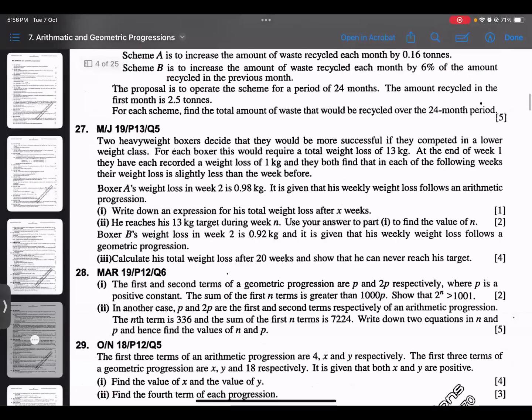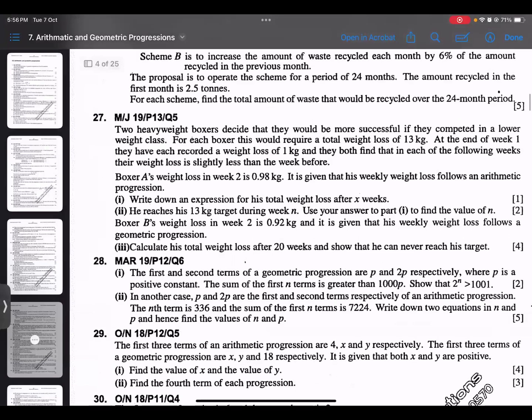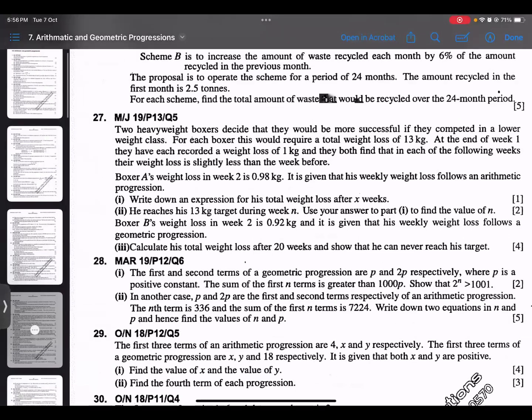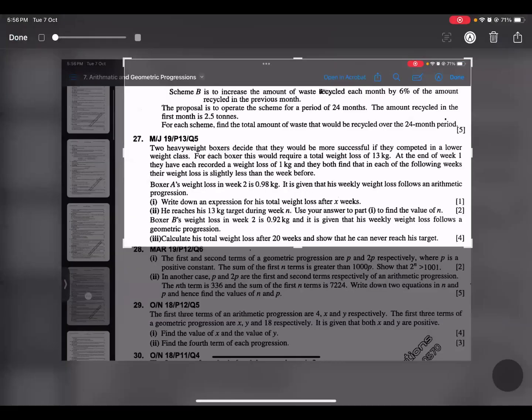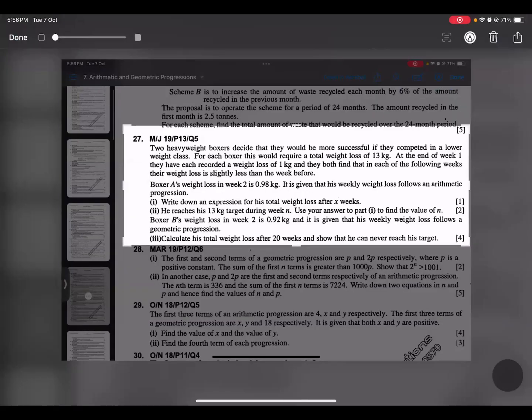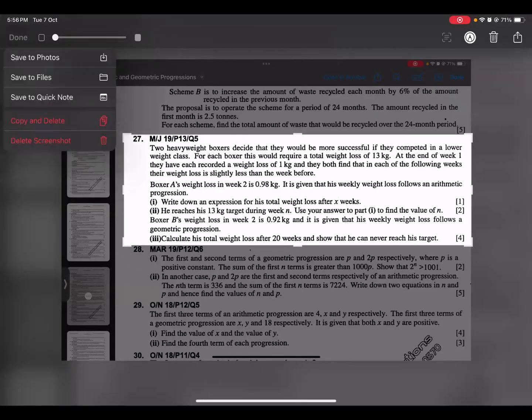Okay, let's do this one. This has a lot of information, so maybe there might be something over here which may be difficult.